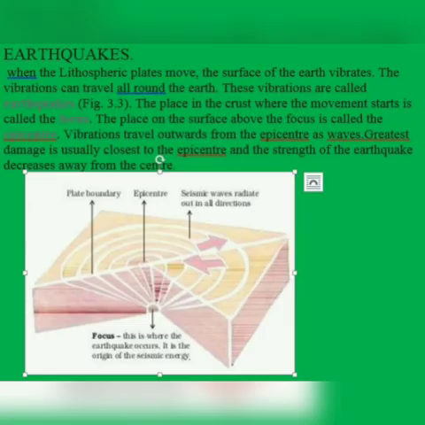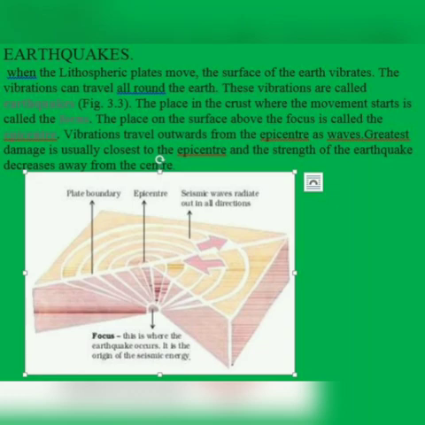Earthquakes. When the lithospheric plates move, the surface of the earth vibrates. The vibration can travel all round the earth. These vibrations are called earthquakes. The place in the crust where the movement starts is called the focus.